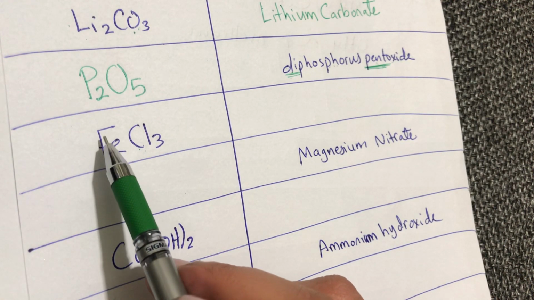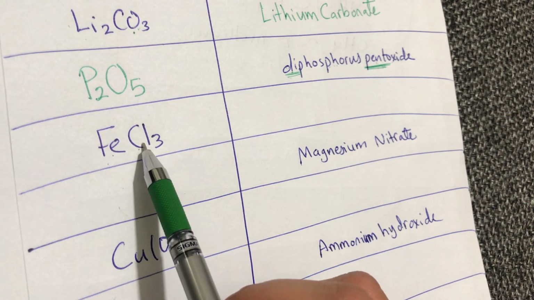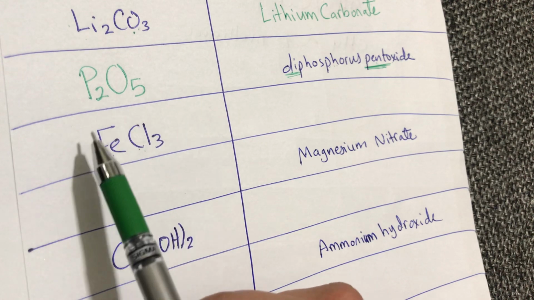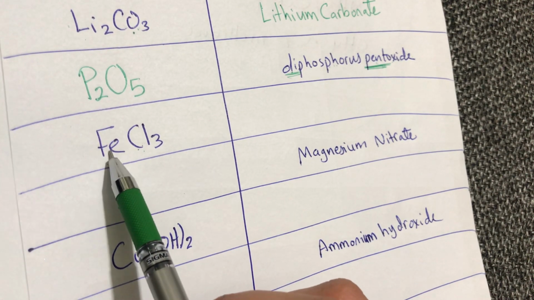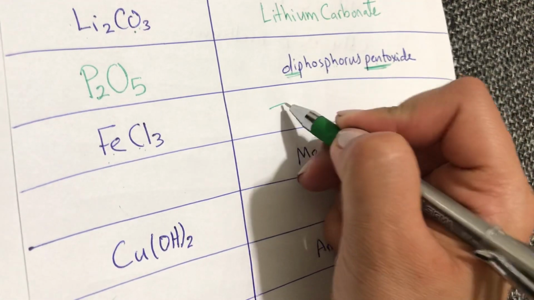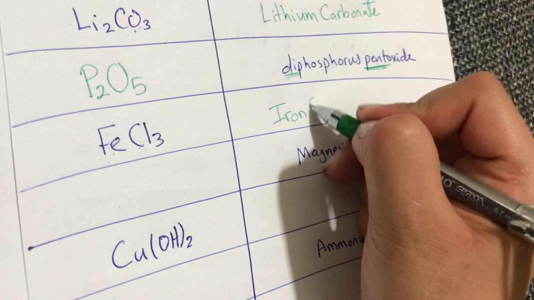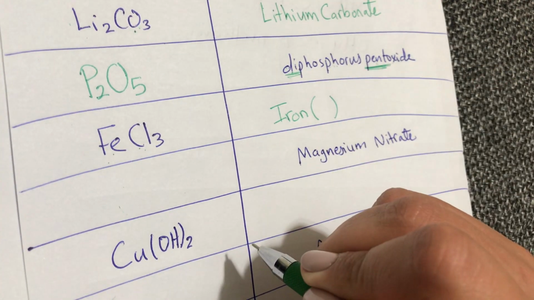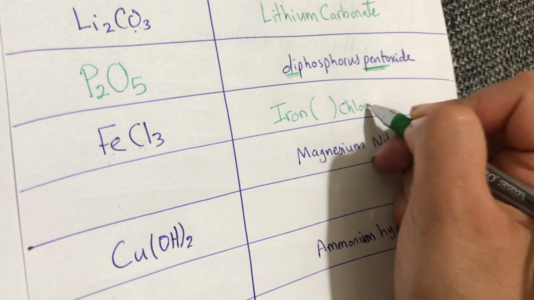You have to write the name of the metal then the nonmetal, and the name of the nonmetal ends with IDE, and if the metal is a transition metal, you have to write the charge. So here Fe, iron. It's a transition metal, so you have to write the charge between brackets, and Cl for chloride.